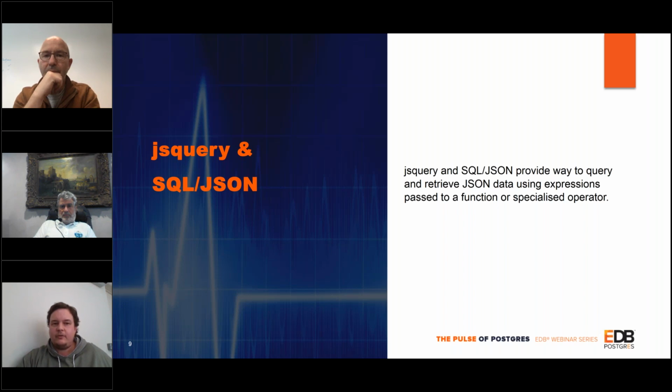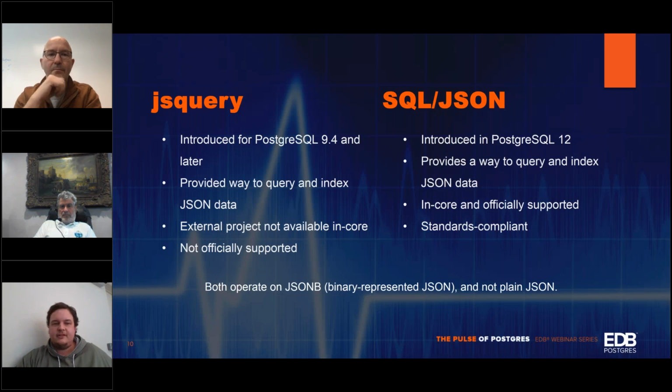But just to explain what these two things are, first of all, we have Jsquery. So originally we had JSON introduced as a data type in Postgres, but it was really just a text format, and they introduced JSONB a bit later, which is a binary representation of JSON.